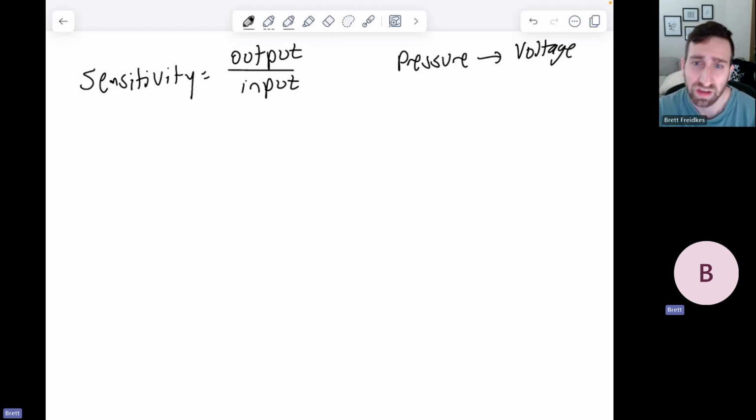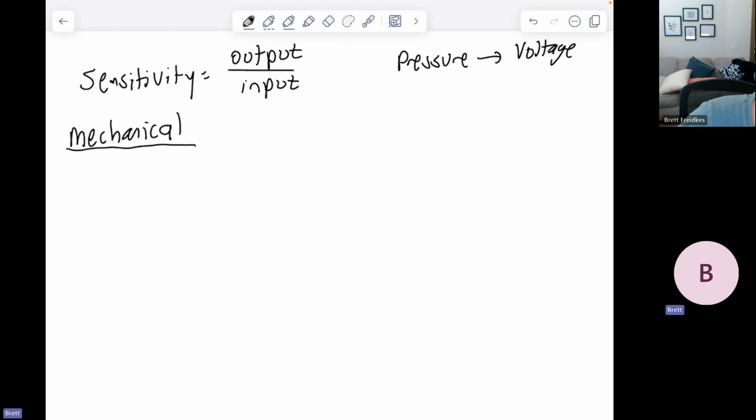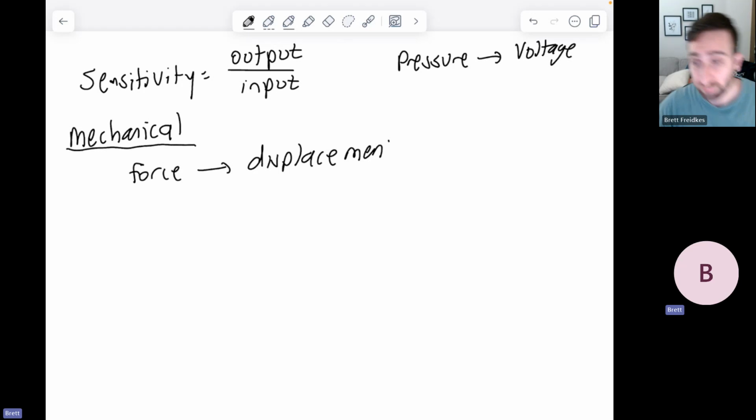Now, the general idea, and we'll do this just looking at a vibrating system, is that we can write a differential equation or some model and then solve for the ratio of the output to the input. So if we just look at the mechanical domain only, we might have a force as an input, and that will produce some displacement as an output.